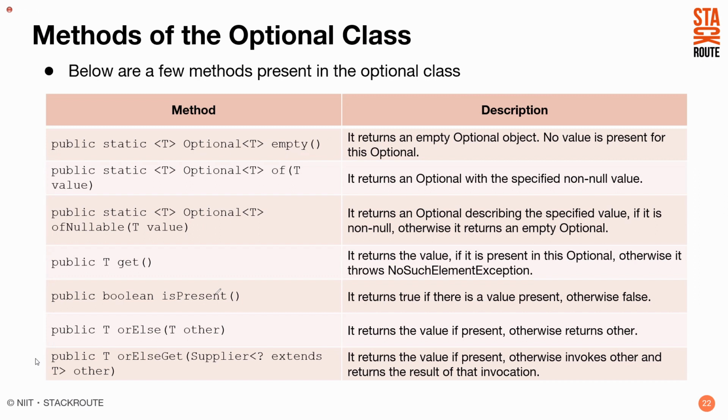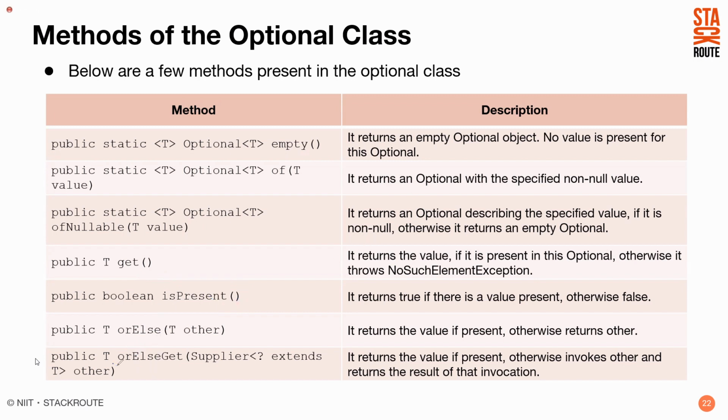So get is used to return the value if it is present. isPresent is a Boolean method which is used to check whether the value is present in the optional or not. With orElse, if the value is present, it will proceed with this. If the value is not present, or else what I want to do? So if it is not present, I go to the else case.